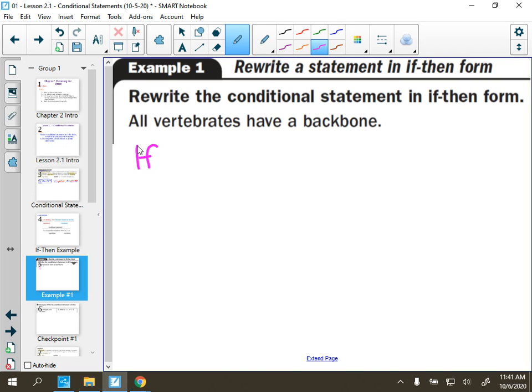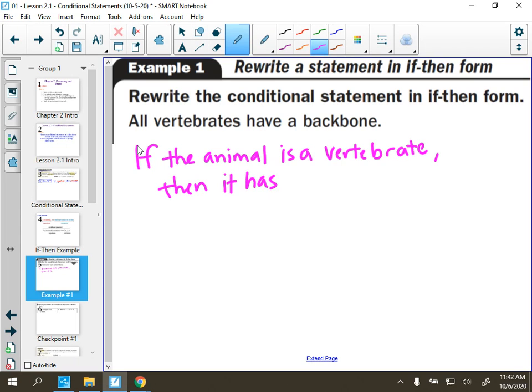So if, let's say, the animal is a vertebrate, then it has a backbone.